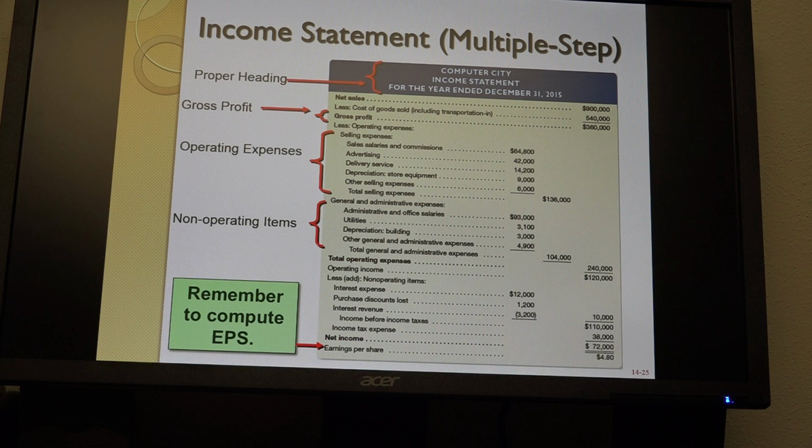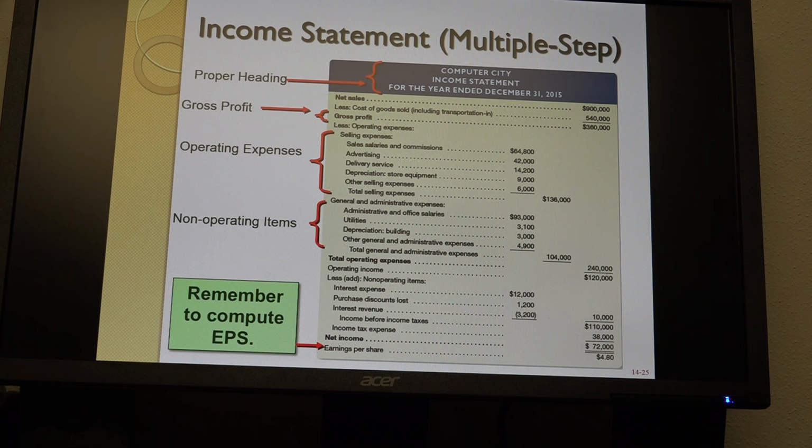And so here we have an example of a multiple step income statement. So you've got here, always starts out with net sales. This is a manufacturing company, or maybe it could be a retailer or merchandiser, as they're called.